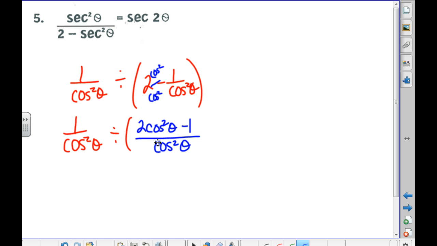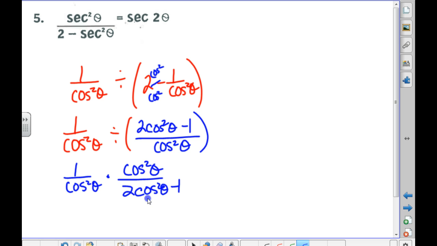I can't flip it over until I have one numerator and one denominator, one quantity. Now I can flip it over. These will divide out.